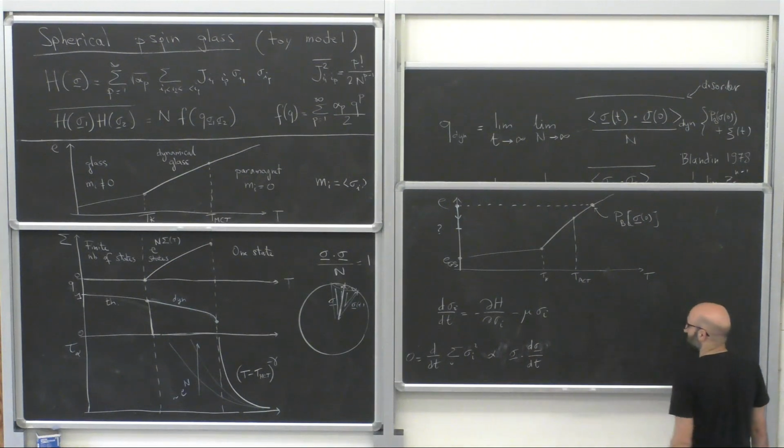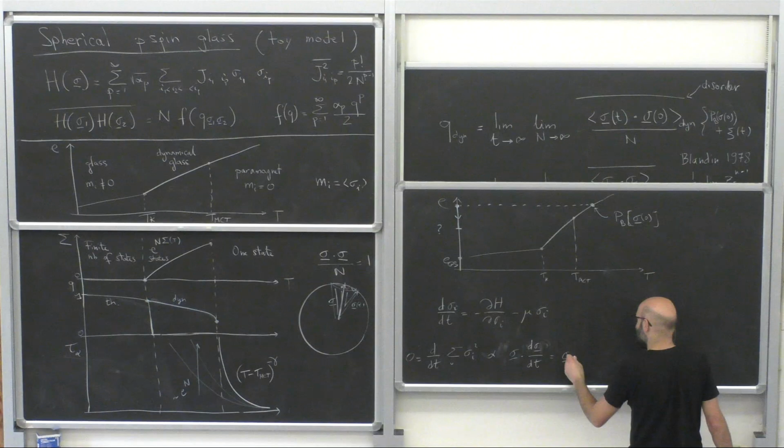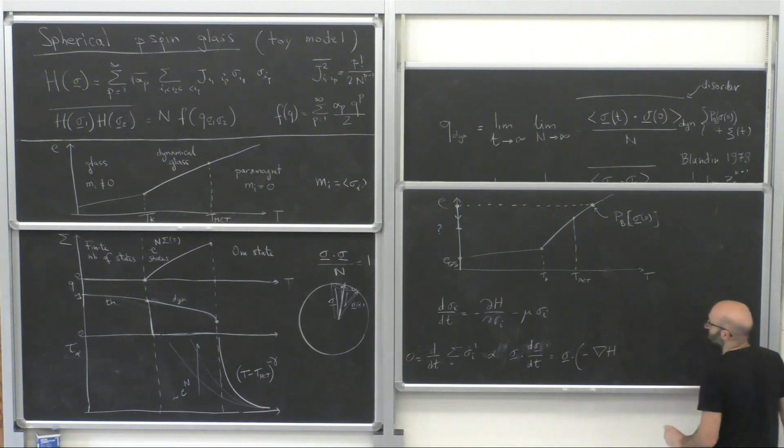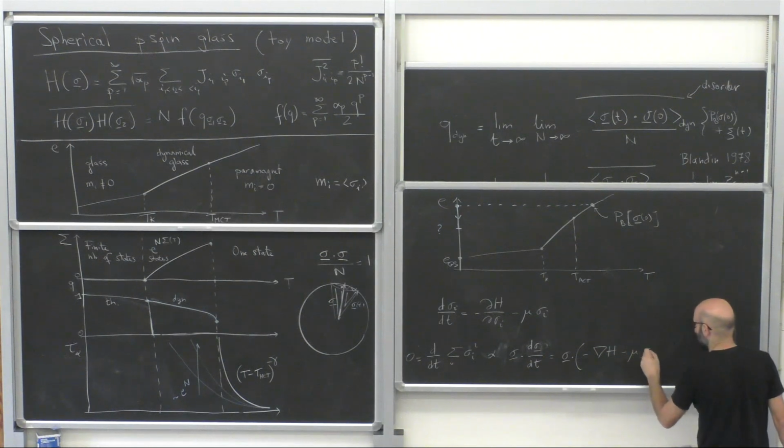The derivative of sigma is minus the gradient of H minus mu sigma.